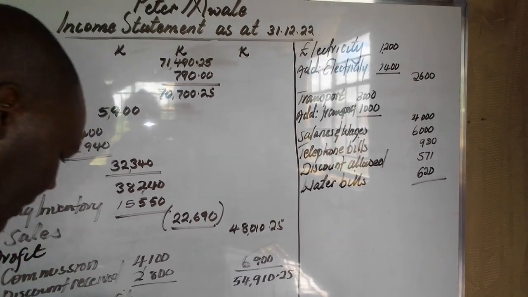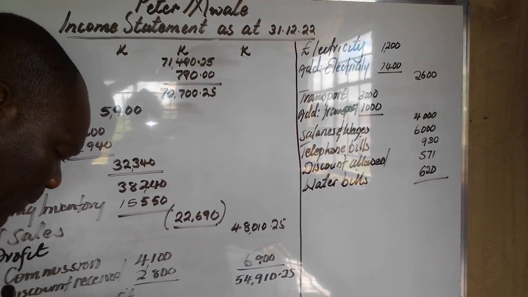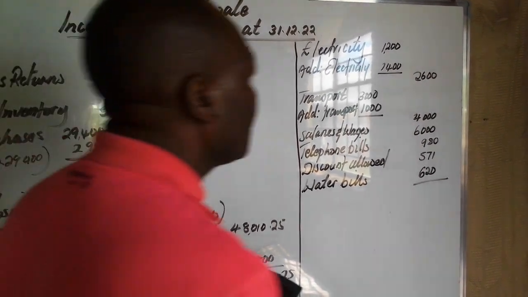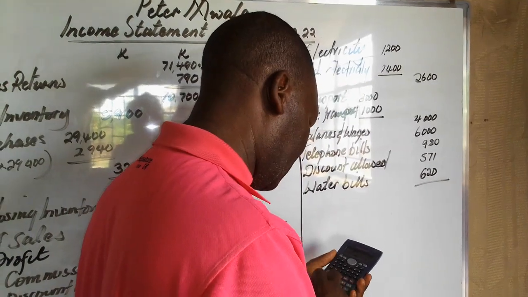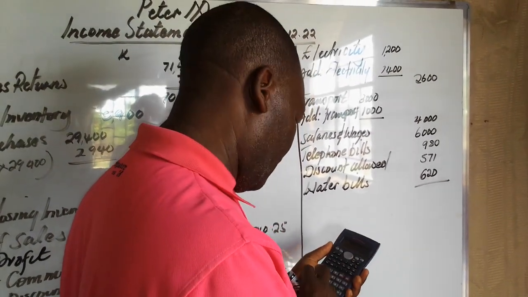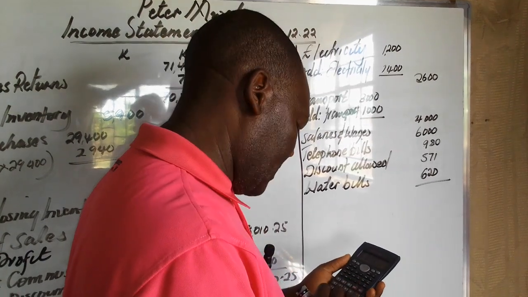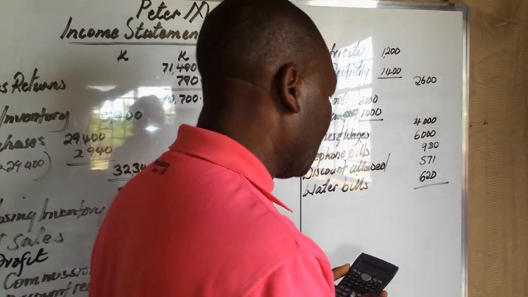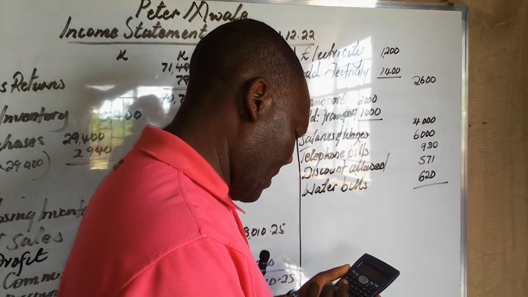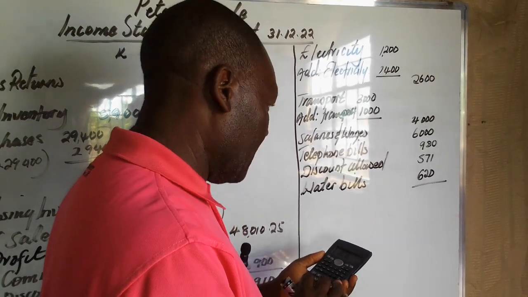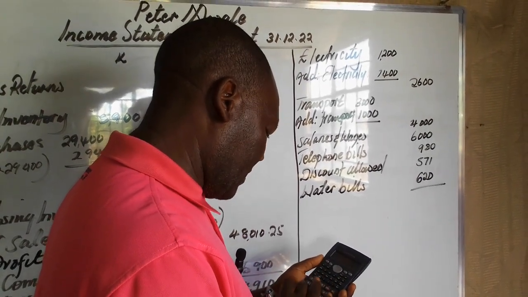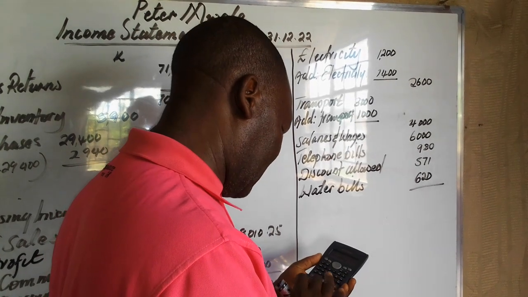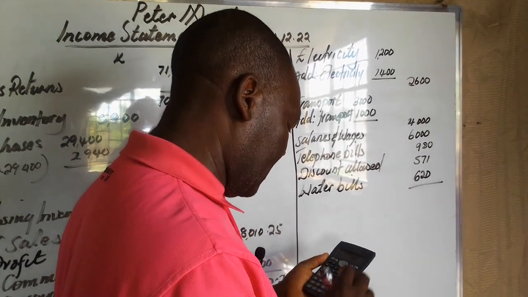Let us add. I have 6,600 plus 2,600, plus 4,000, plus 6,000, plus 980, plus 571, plus 620.